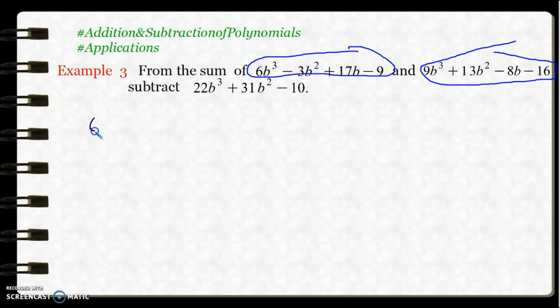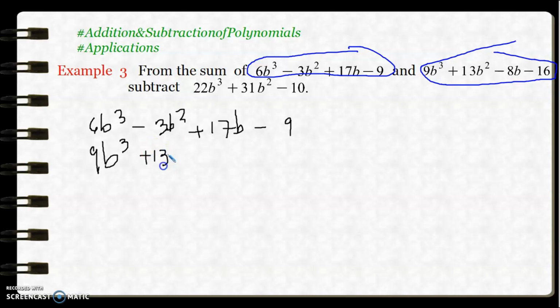So we have 6b cubed minus 3b squared plus 17b minus 9, and then this will be added to 9b cubed plus 13b squared minus 8b minus 16. We just have to add the two.